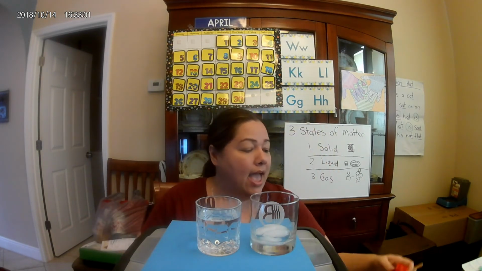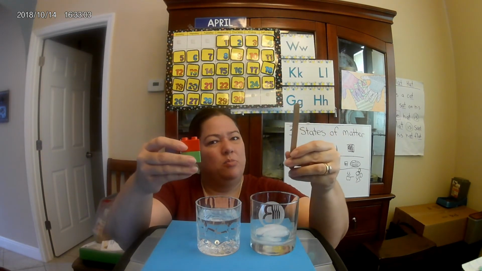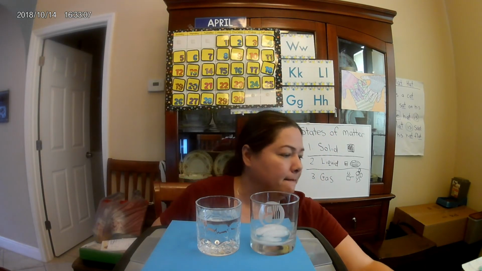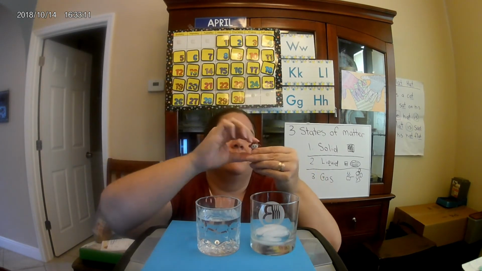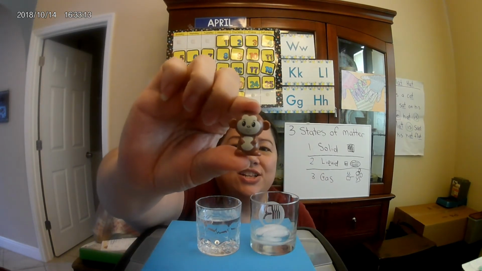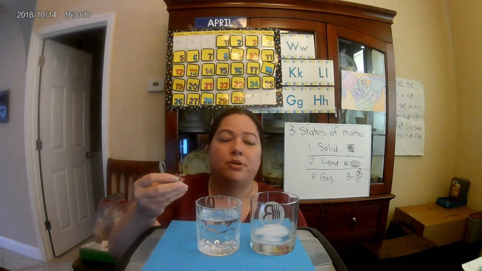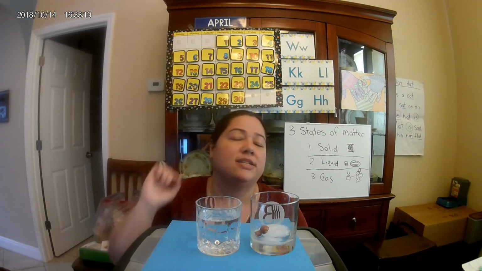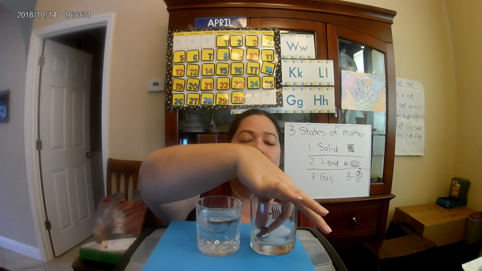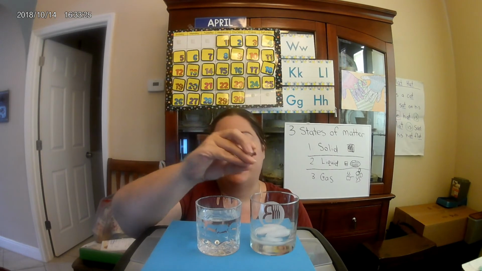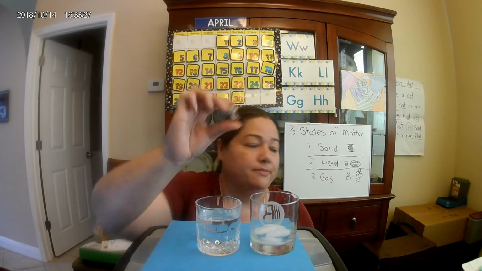My monkey is always going to look like this. His shape is never going to change. If I put him in ice cubes, he's not going to change. It doesn't matter if he gets cold or hot. He's still going to be a little monkey here, okay?